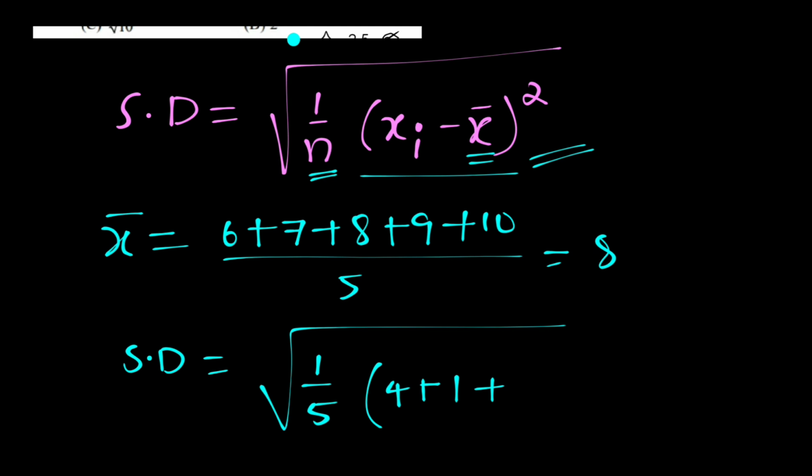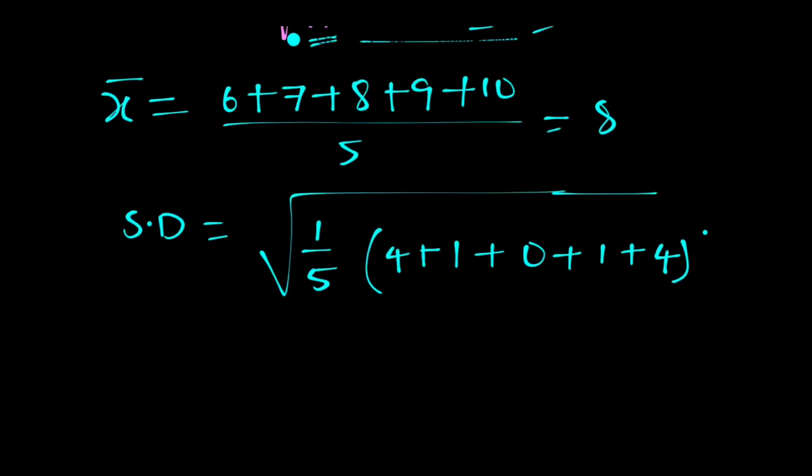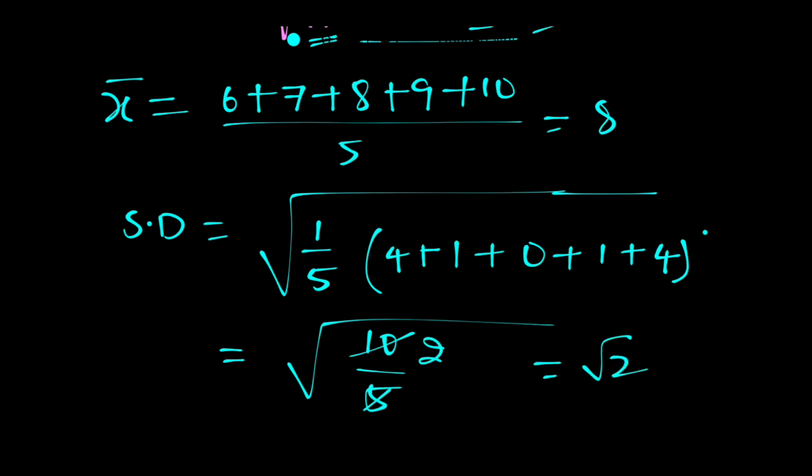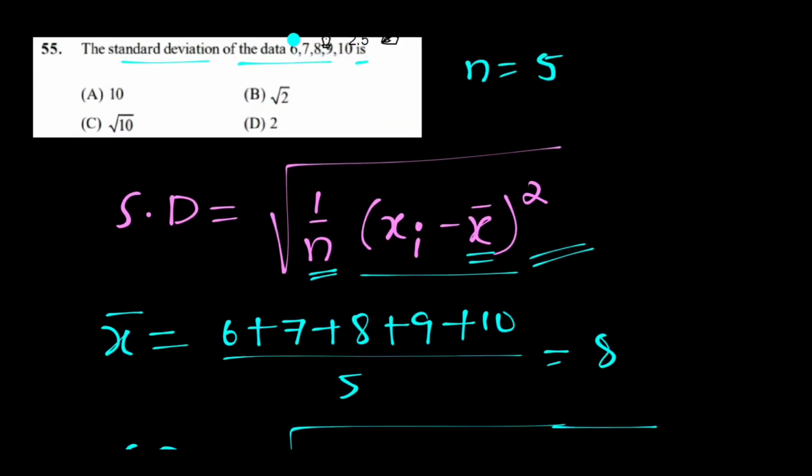Next 8 minus 8 is 0, plus 9 minus 8 is 1, square is 1, plus 10 minus 8 is 2, square is 4. Now we simplify this. We will get square root of 10 by 5, that is root 2. Standard deviation is root 2. So the correct option is B.